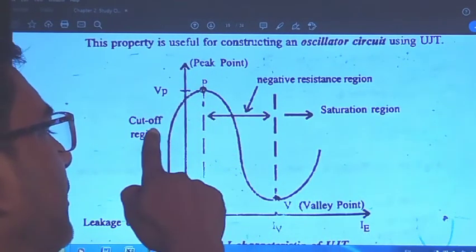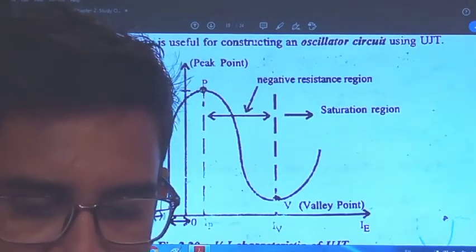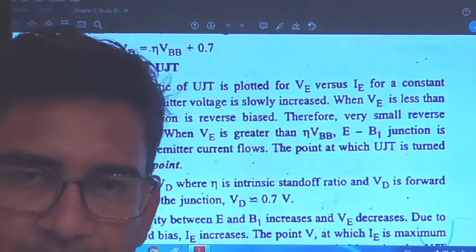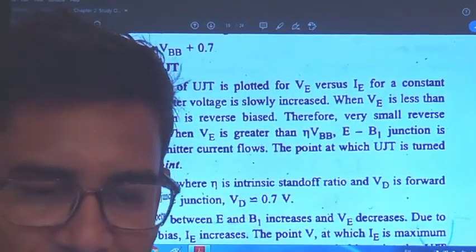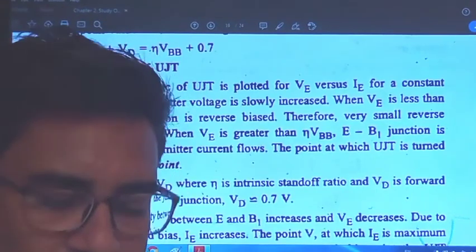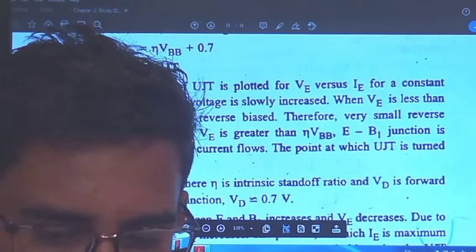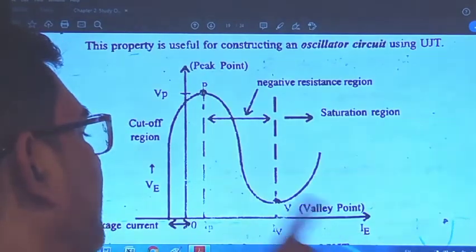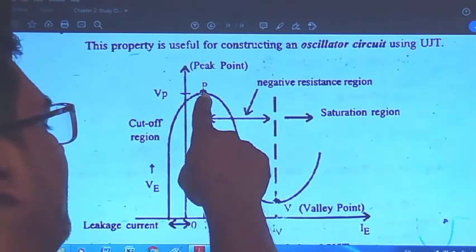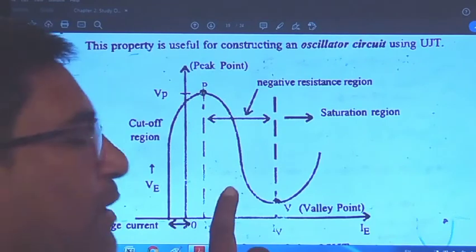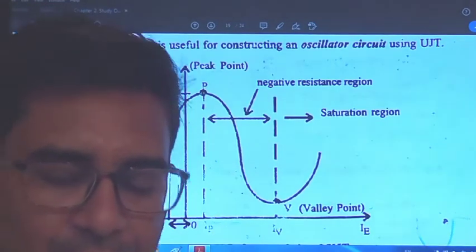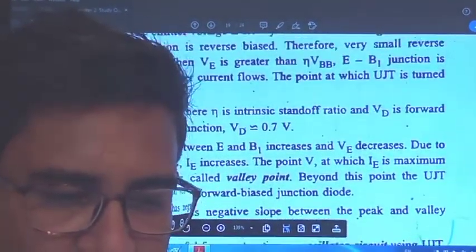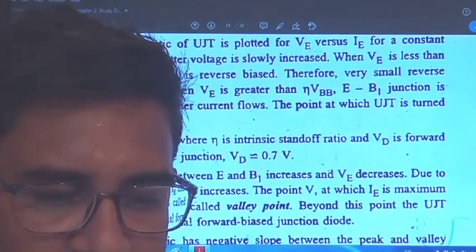The graph is plotted as VE versus IE at a constant value of VBB. The emitter voltage slowly increases.